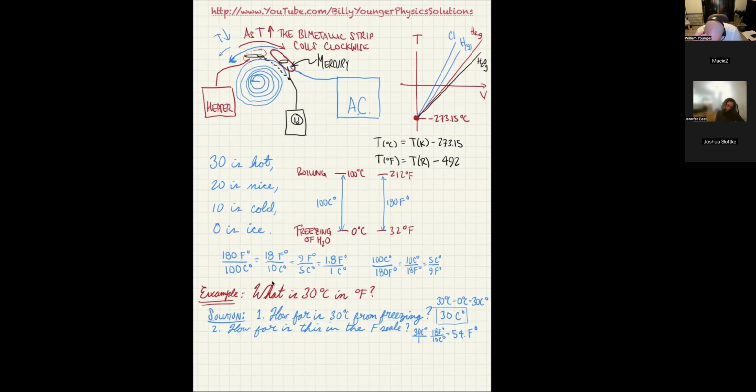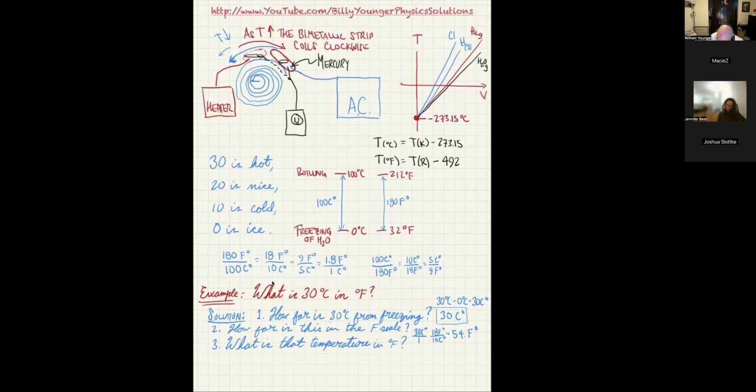So now that I have how far it is from freezing, all I have to do is convert it to the actual temperature within the Fahrenheit system. So 3, what is that temperature in degrees Fahrenheit?